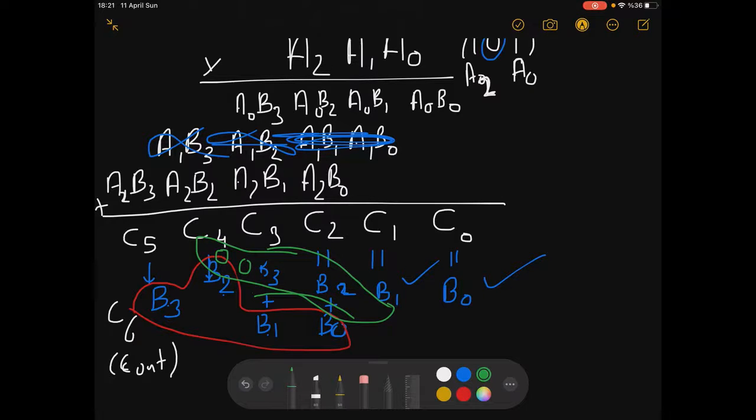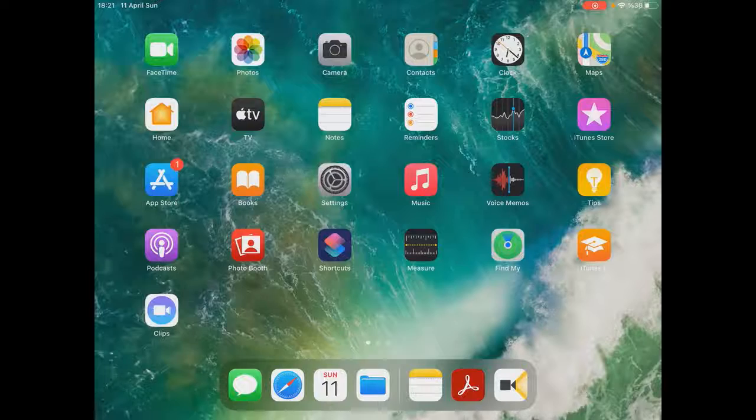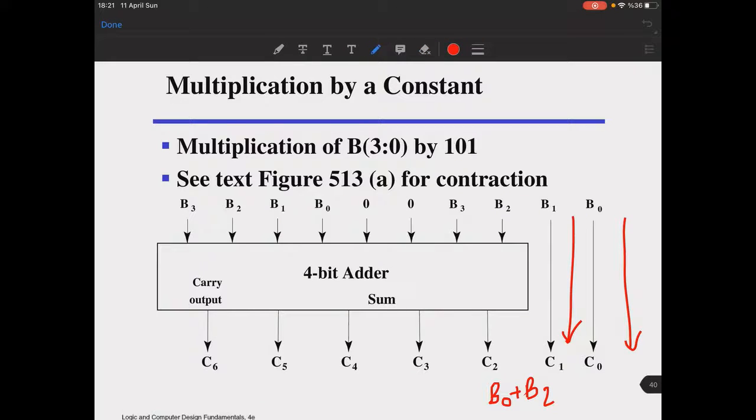So it would be B3 plus B1 here, and the remaining ones are, what is it? It is B2 plus 0 and B3, and this one would be your carry out.